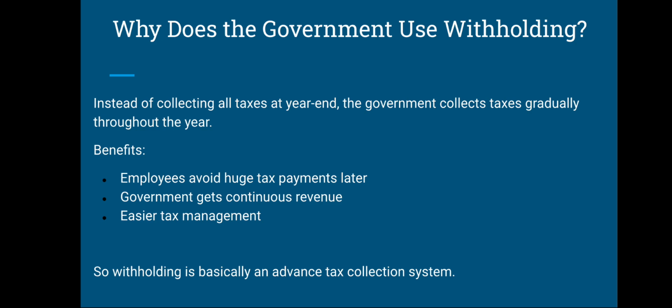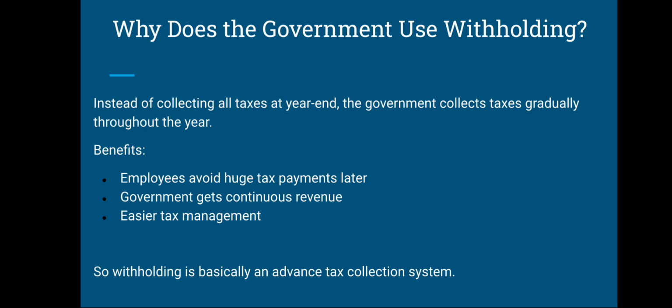At the end of the year, I'm just giving you an example. Say you have to pay $120,000 tax at the year end, but you don't have that much amount, or you haven't guessed that you have to pay that high tax at the year end.